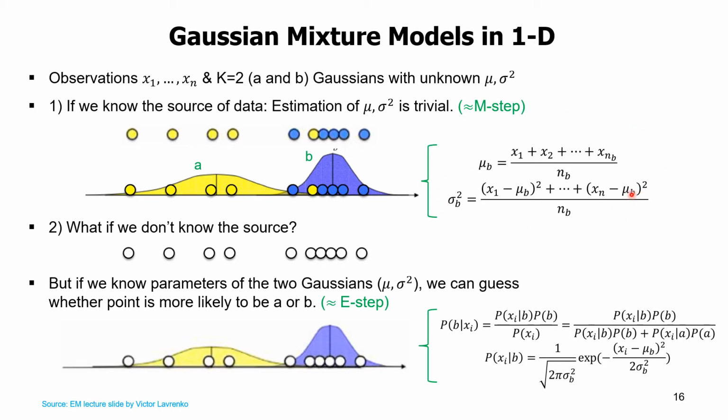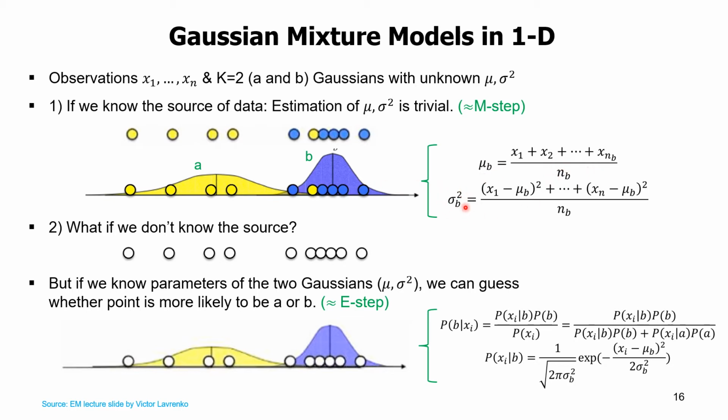This is just easy high school calculus. For the case of distribution B, its average mean is the summation of x divided by the number of data, in this case 5, very easy.